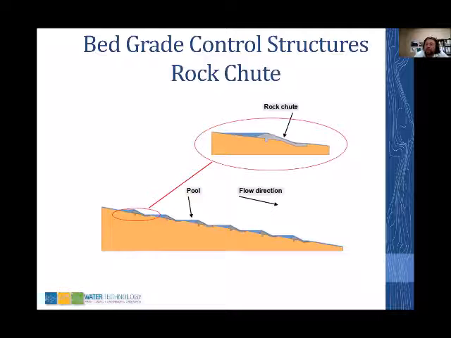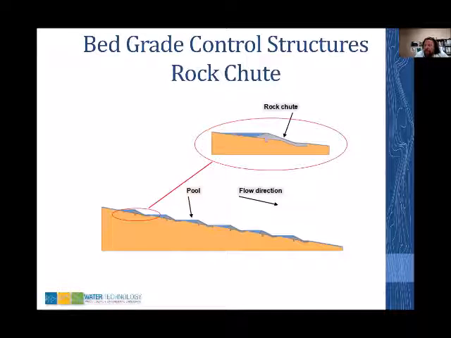And the report demonstrates that it provides a bit of a longitudinal slope through the creek there, and shows where these rock chutes are positioned and how they're actually controlling the bed gradient. But in a system like Hodgson's Creek, there are multiple of those erosion head cut features throughout the length of the creek, and therefore there's been a series of rock chutes constructed within that system to manage that bed erosion process.